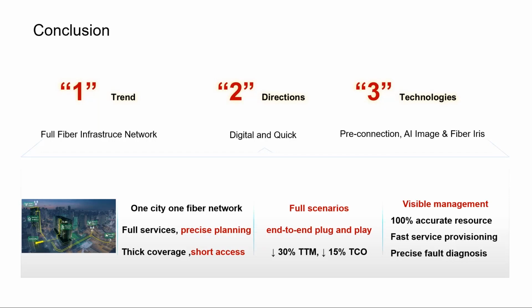Precise planning, security, and short access are important for network design. For the scenario, QuickODN end-to-end plug-and-play can reduce TTM by 30% and TCO by 50% for FTTH network construction. Digital ODN visible management realizes 100% accurate results, faster service provisioning, and precise fault diagnosis.